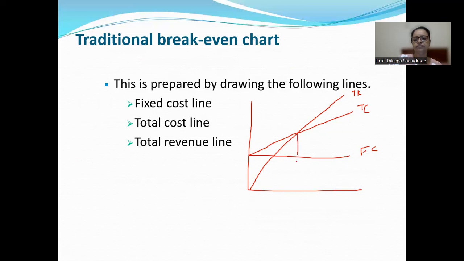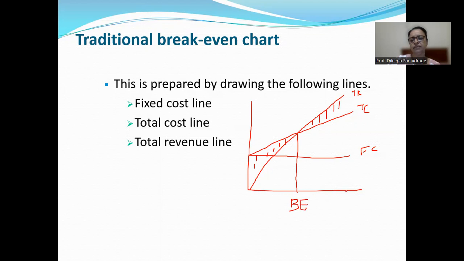What is this point? Break-even point. So what is this area? Please speak. Profit area. And what is this? Loss area. Yes, this is the break-even point.